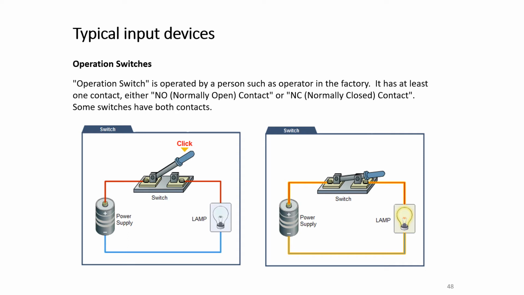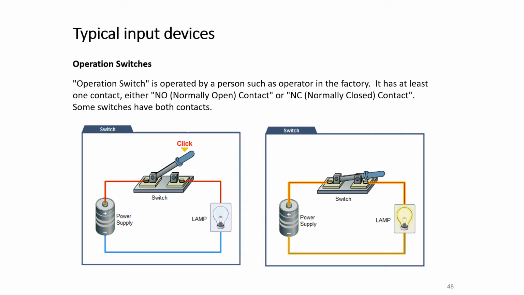Operational switches: an operational switch is operated by a person, such as an operator in the factory. It has at least one contact, either a normally open contact or a normally closed contact. Some switches have both contacts.